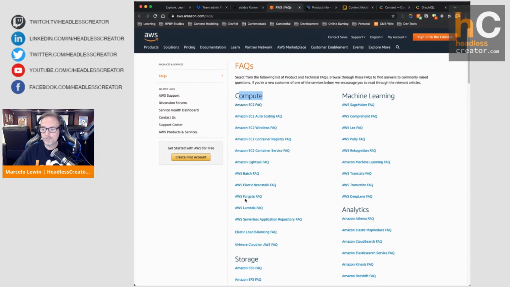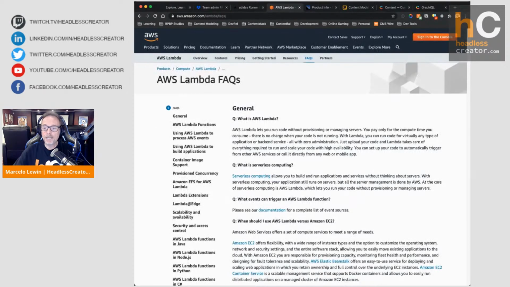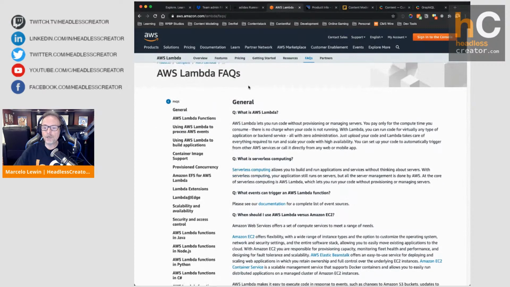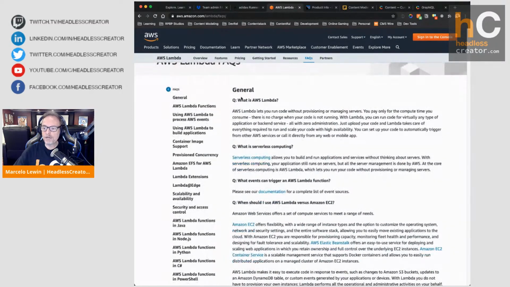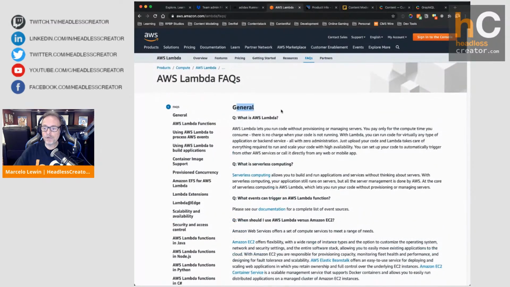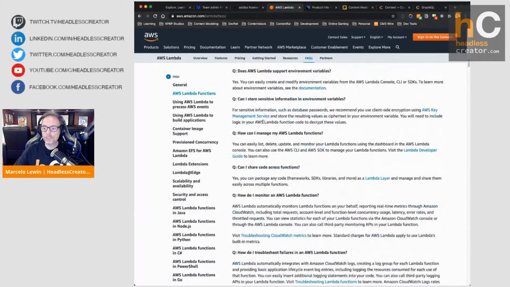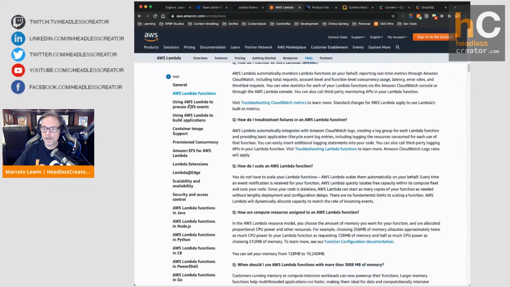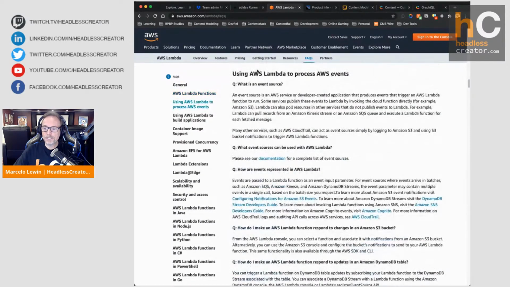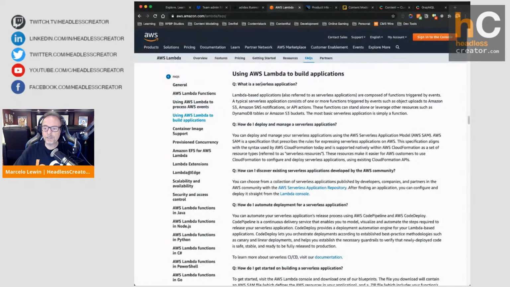If we go, for example, to the AWS Lambda FAQs, there you go. Then you have right here by category, general, then functions. And obviously you have a question, and then you have an answer. On the left here, these are your sections that they're categorizing.